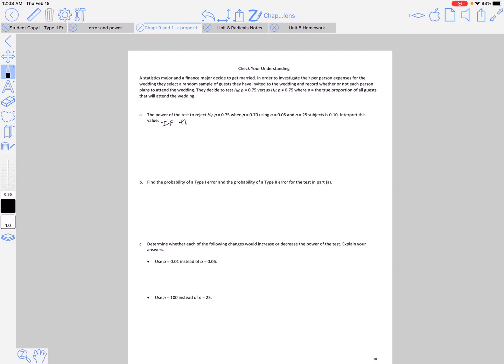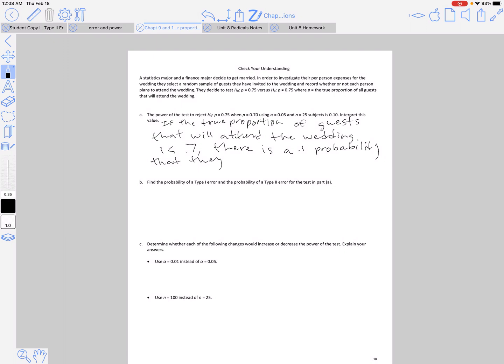So if the true proportion of guests that will attend the wedding is 70%, there is a 10% probability that they find convincing evidence to reject the null.